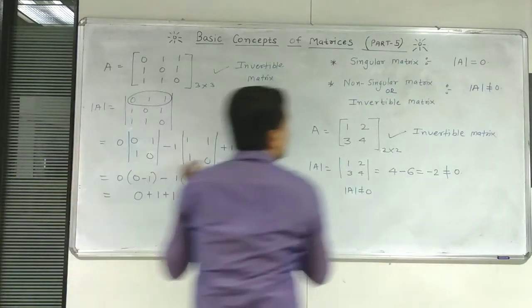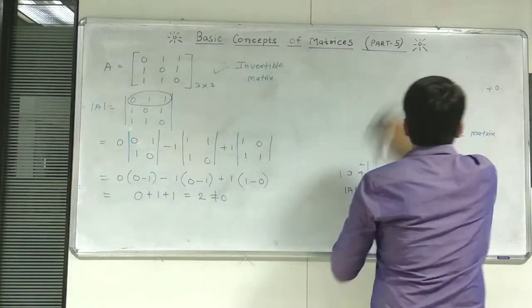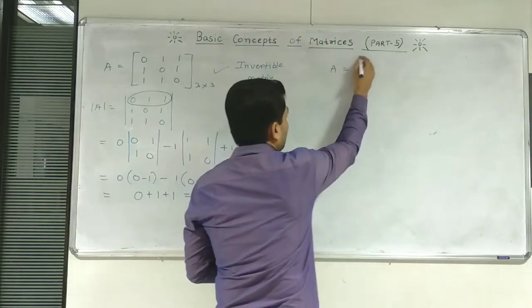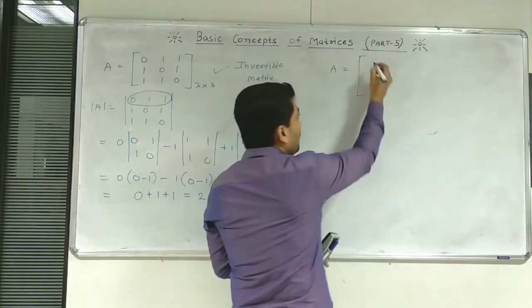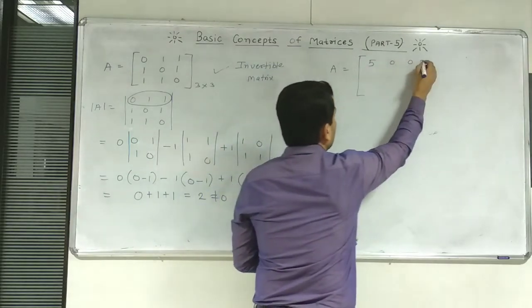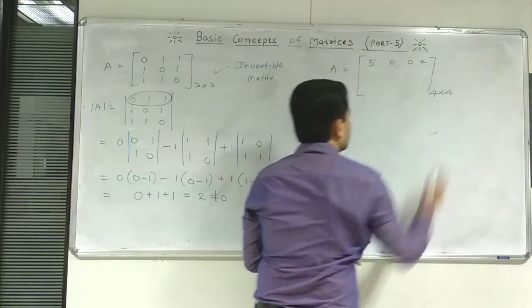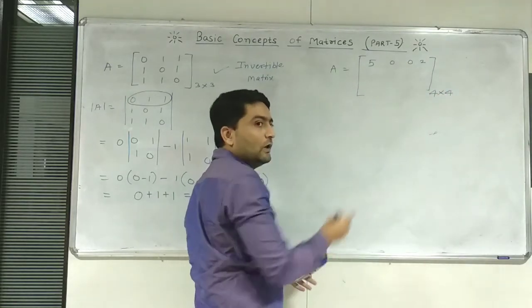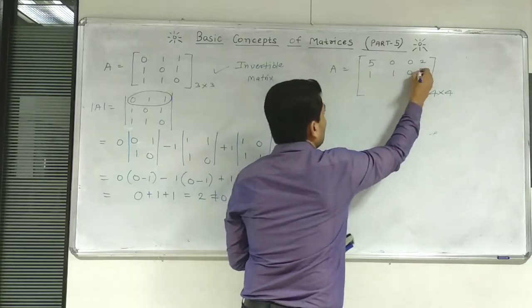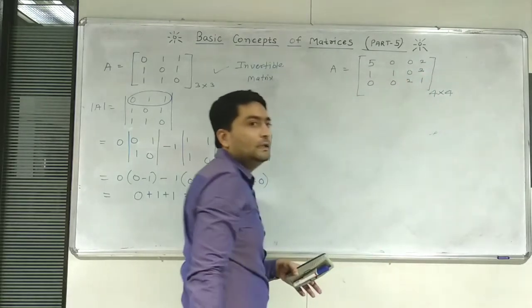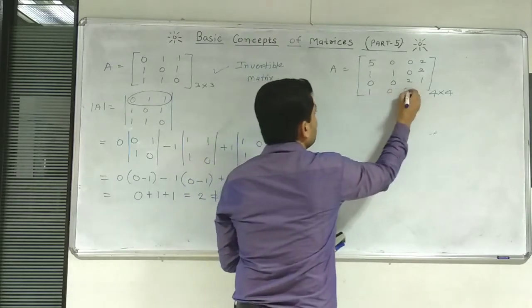Now how to find out the determinant of a 4 cross 4 matrix? Suppose one example, a 4 cross 4 matrix is given: 5 0 0 2, that means 4 rows and 4 columns, 1 1 0 2, then 0 0 2 1, and 1 0 0 1.